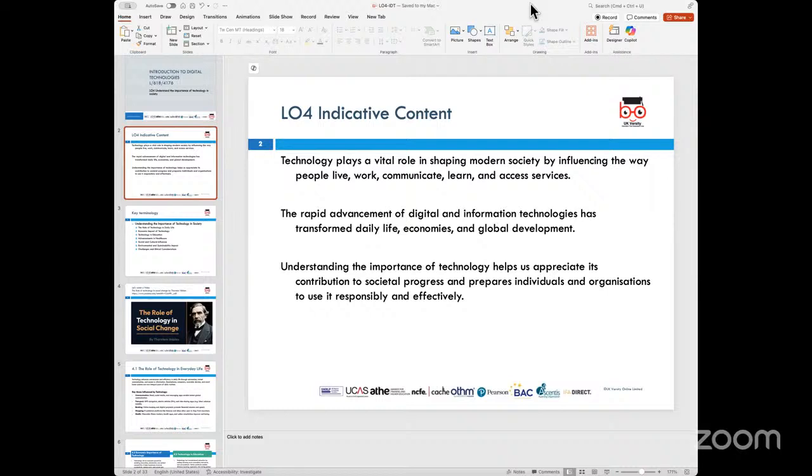Now, when we see technology helping society and the progress of society advancing, that is where we are looking at the particular learning outcome, which is understanding the importance of technology in society. Because if you look at after World War II, the Industrial Revolution allowed mass production of devices and gadgets.